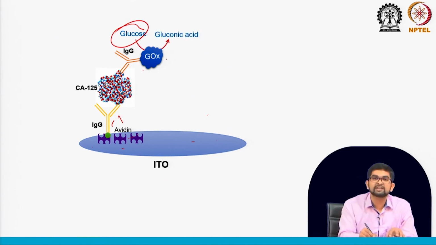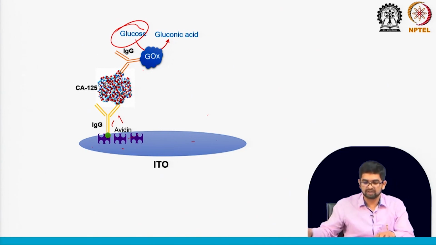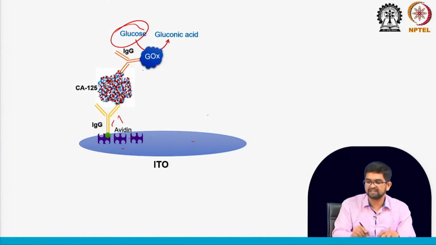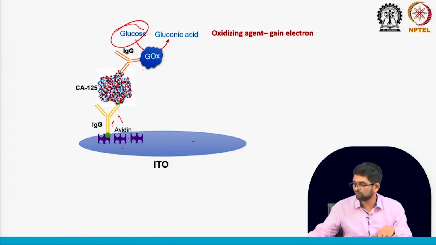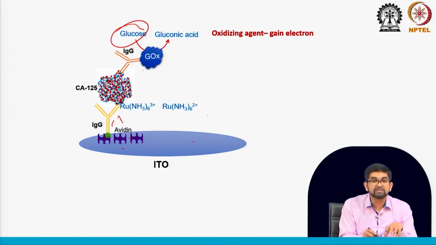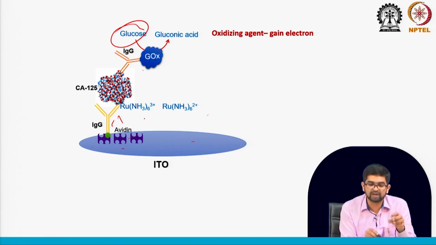Glucose will react with the glucose oxidase, and it will form gluconic acid. Here, the electrons we are getting from glucose oxidase, it is also a catalyst, and this will help to oxidize the glucose, and we will use some mediator. As I told last time, I used the iron based, here I use the ruthenium based mediator. Why is it a mediator?